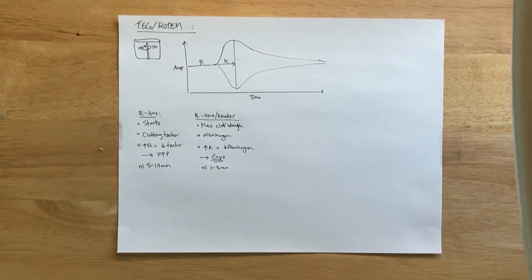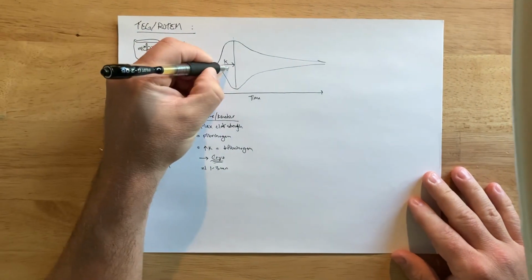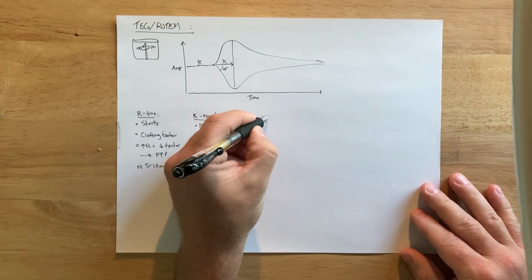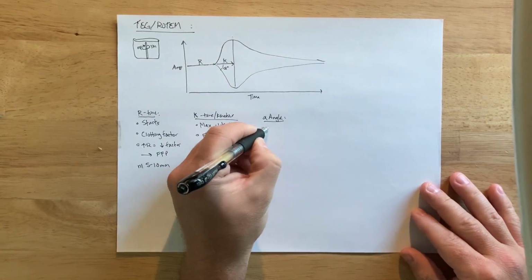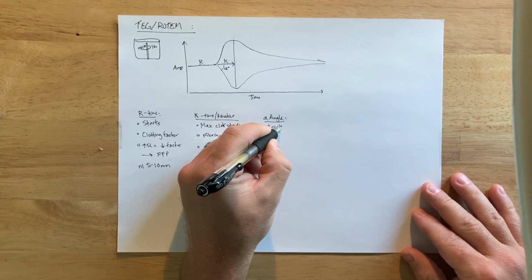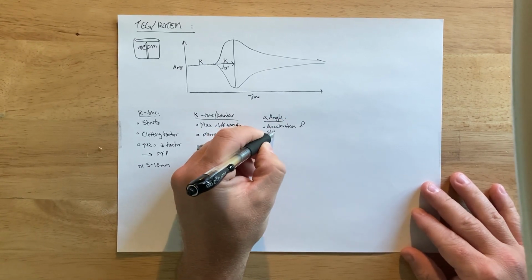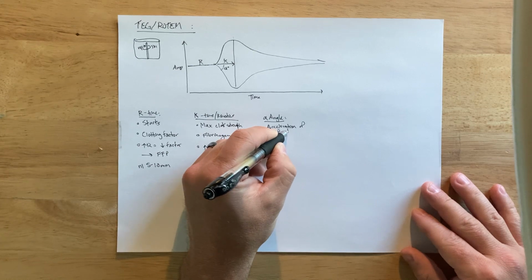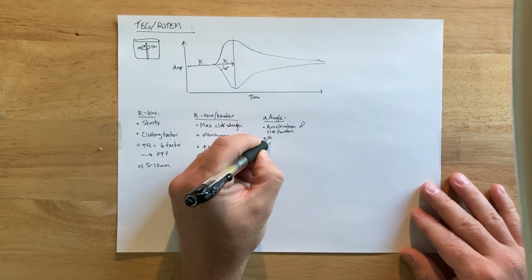Okay. What you also have is the acceleration of this formation. It's called the alpha angle. And this just represents the acceleration of clot formation. Okay. This is also a measurement of fibrinogen function.